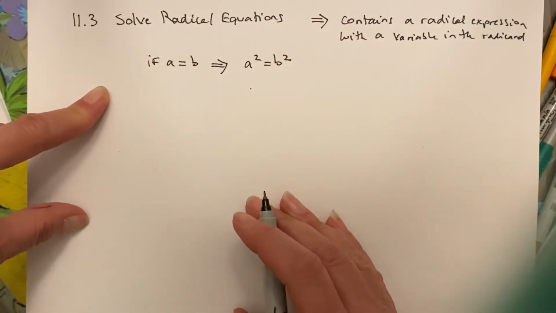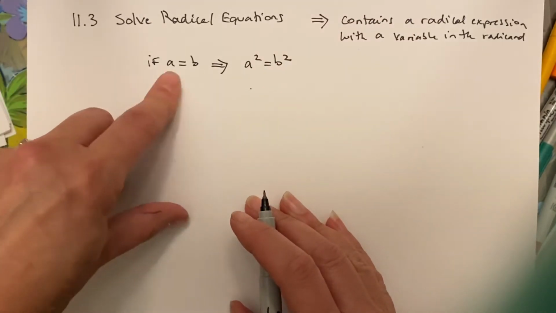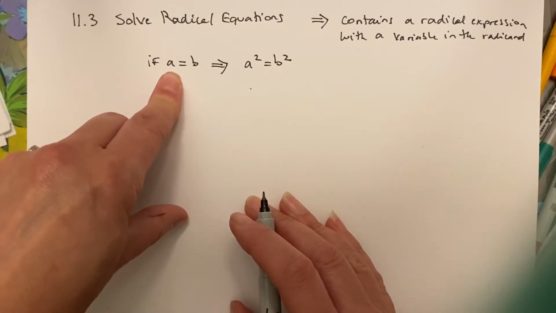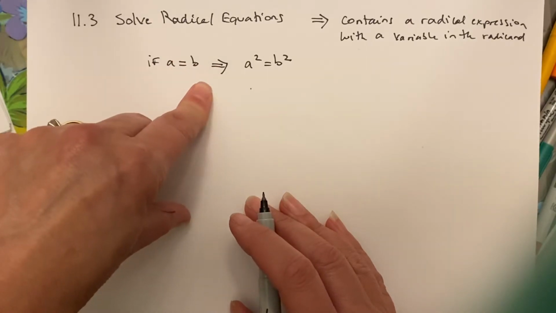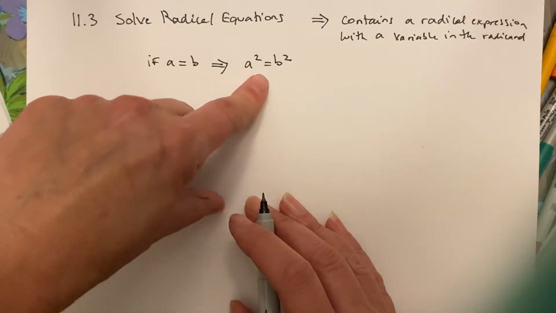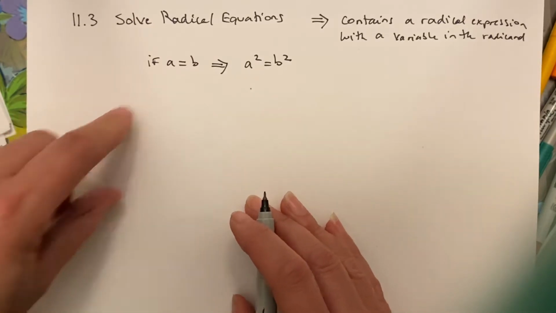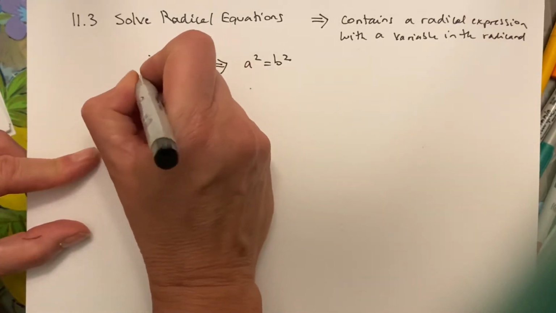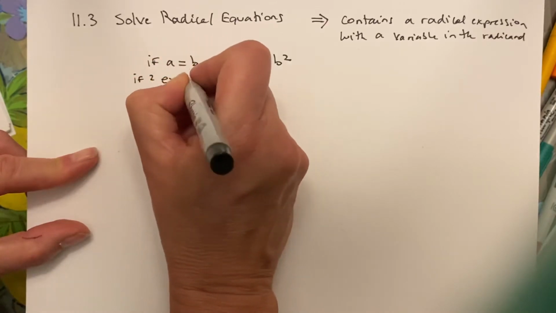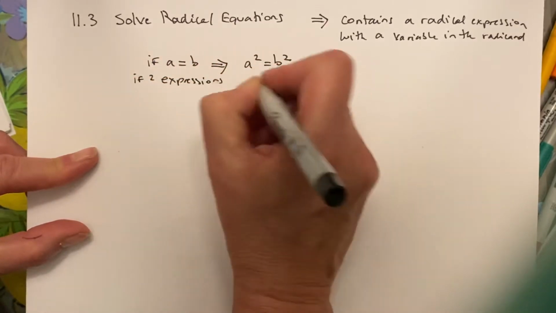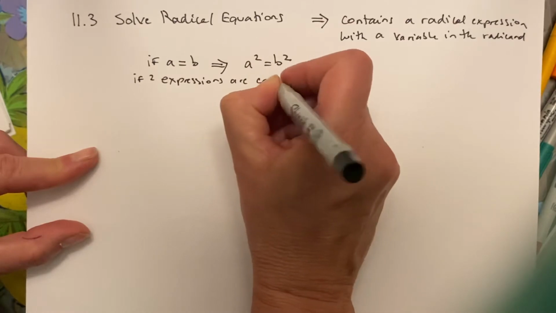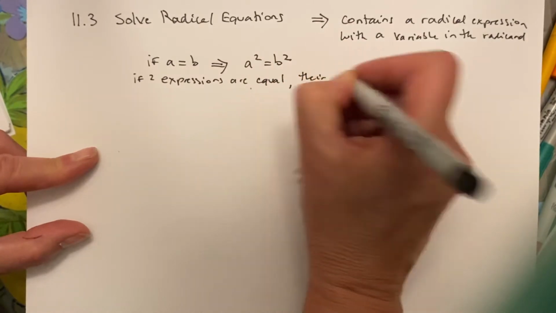It's just one of those rules. If this expression is equal and I do the same thing to both sides, then they're going to remain equal. So if two expressions are equal, their squares are equal.